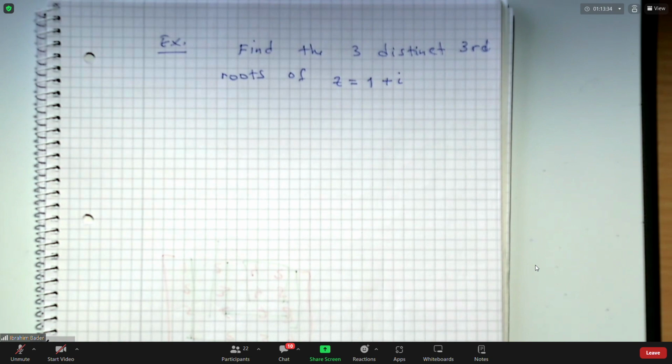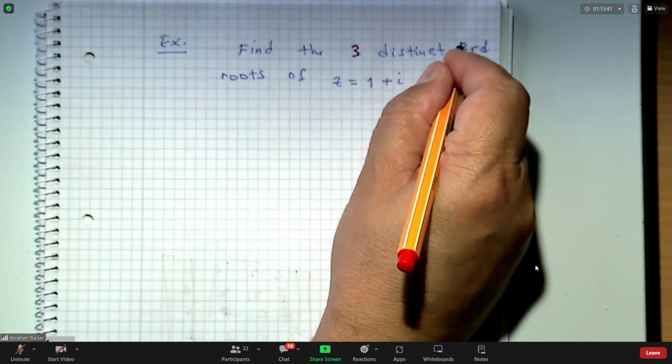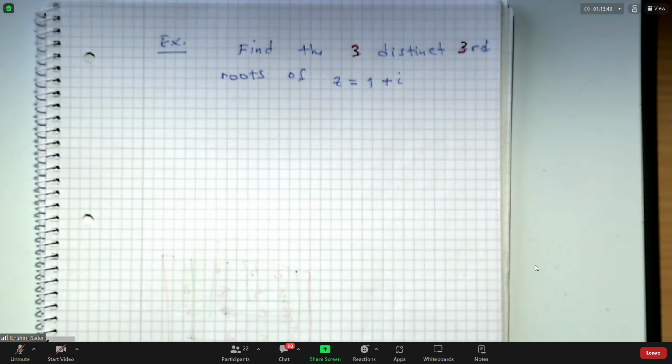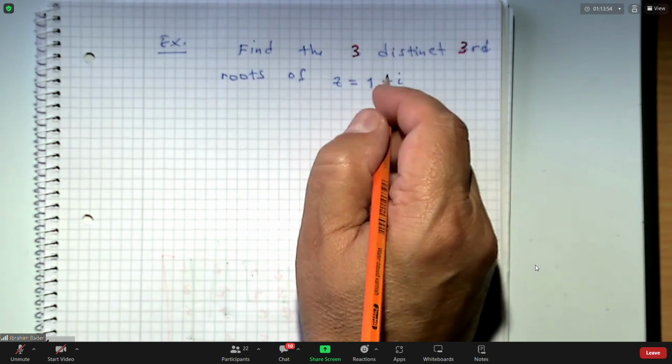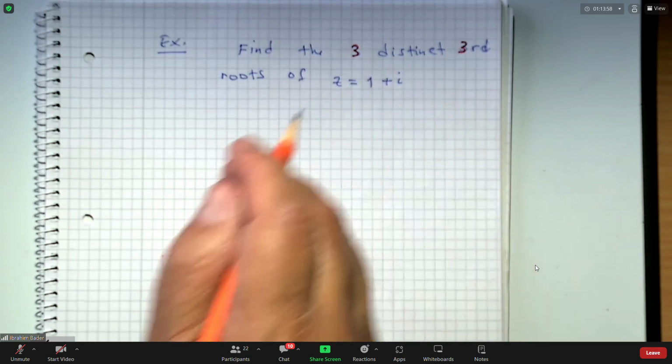As you see here, the question can be direct, or it can be given also as an equation, z equals whatever to the power 1/3. That number evaluates z to the power 1/3, which is the same.